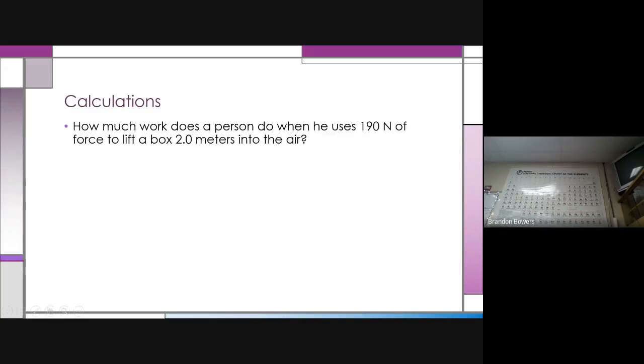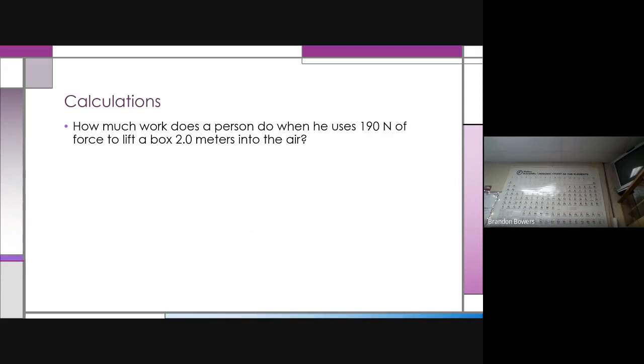So let's try out one practice problem of work. How much work does a person do when he uses 190 newtons of force to lift a box 2 meters into the air? We got an answer already: 380. I'd have to say that's right.